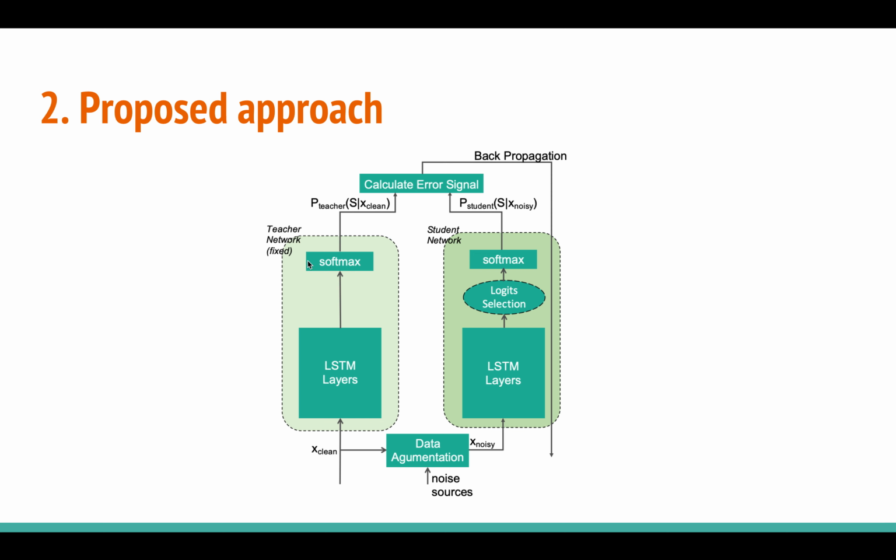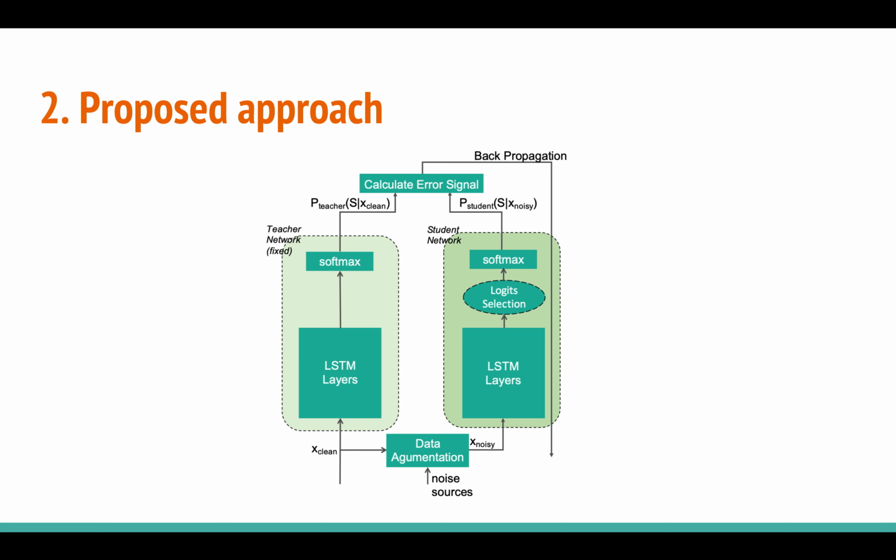When the network tries to minimize the KL divergence, you are trying to match the probability distribution of the student network to the probability distribution of the teacher network. So when you reduce the KL divergence between these two distributions, they come closer.